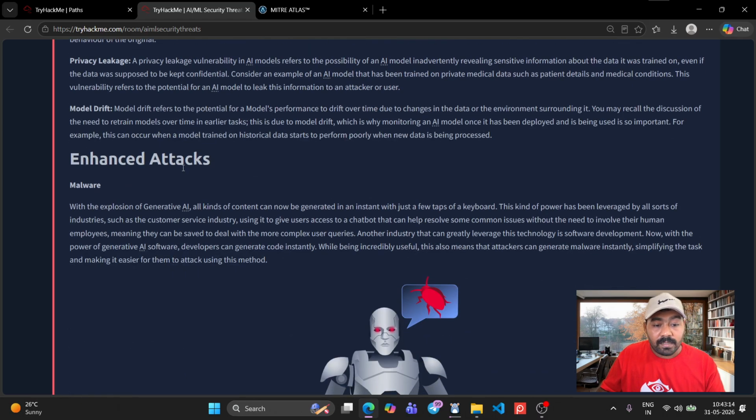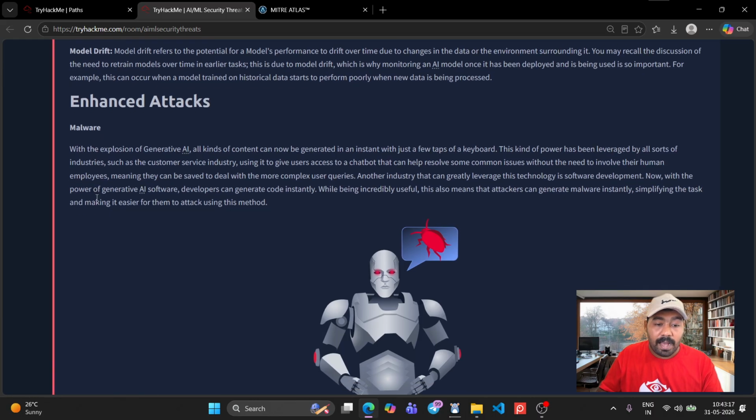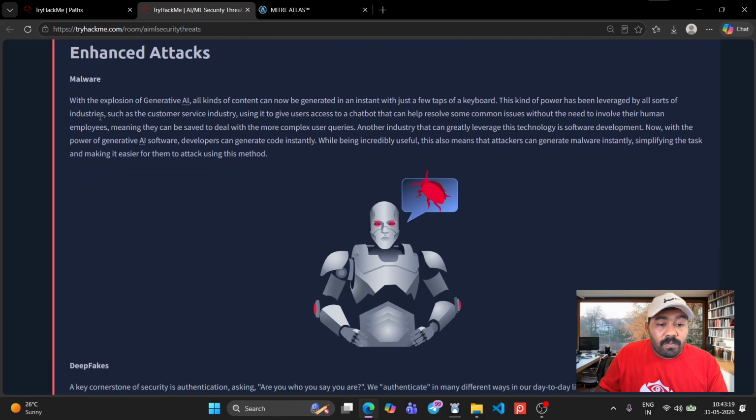Enhanced attacks. There are certain enhanced attacks. First one is malware. With the explosion of generative AI, all kinds of content can be generated instantly with just a few taps of the keyboard. This power has been leveraged by all sorts of industries, such as customer service, using it to give users access to chatbots that can resolve some common issues without needing to involve human employees, meaning they can be saved for more complex user queries.